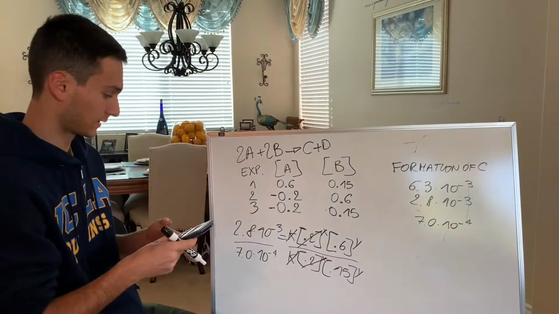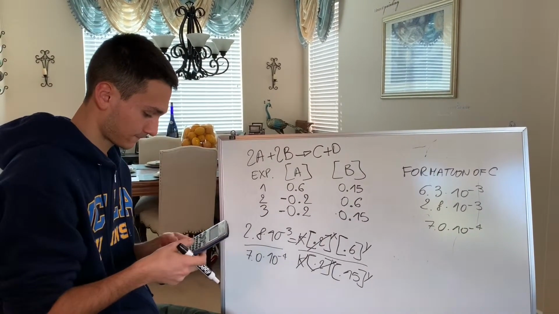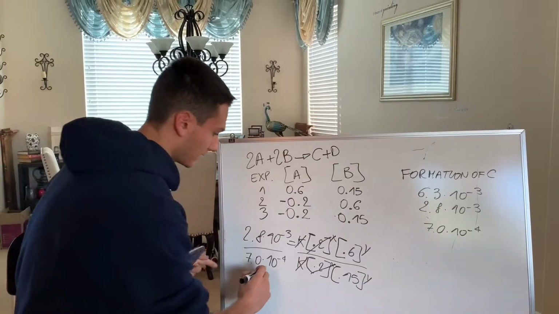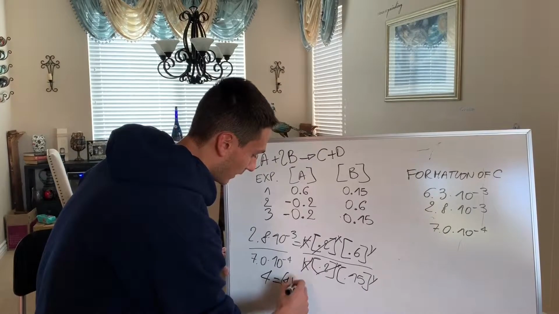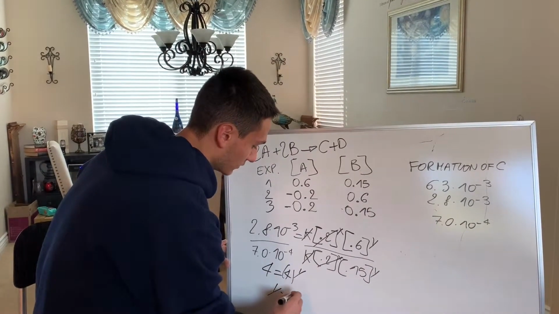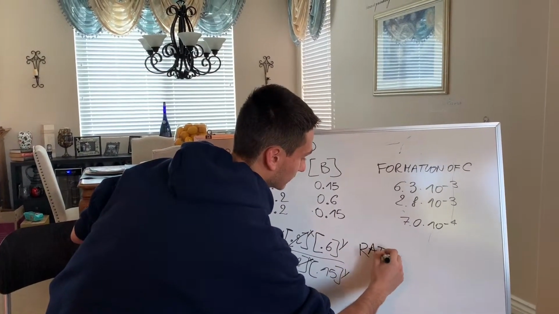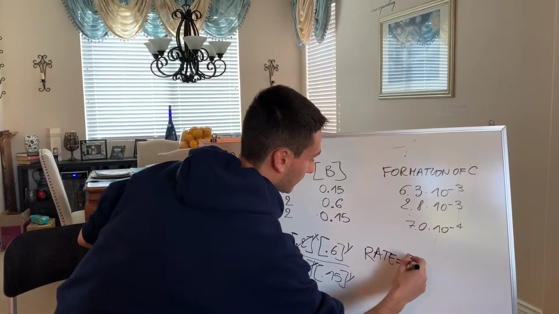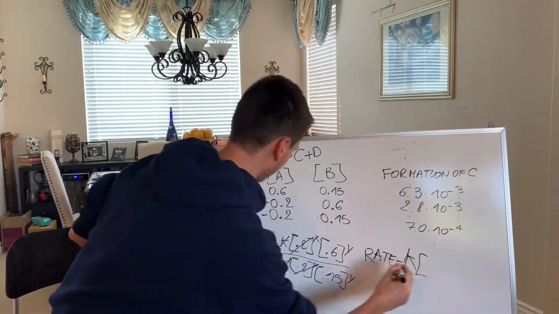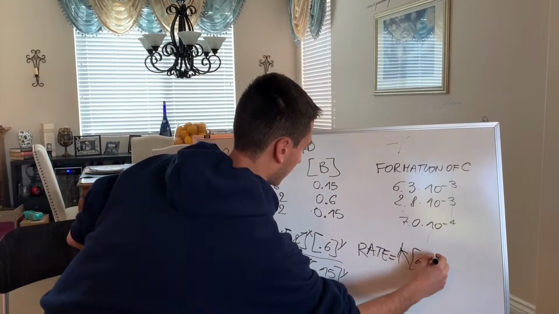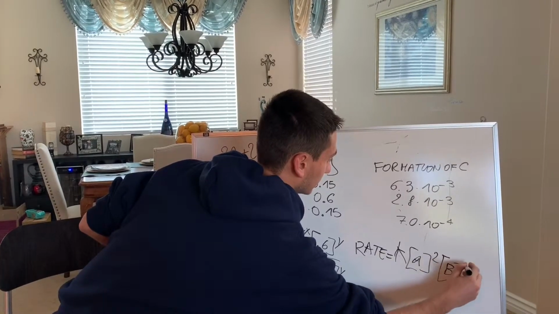Then I plug it into the calculator. So here I got 4, and this looks like 4 to the y, so y has to be equal to 1. So the rate is equal to k times the concentration of A to the second times the concentration of B to the first.